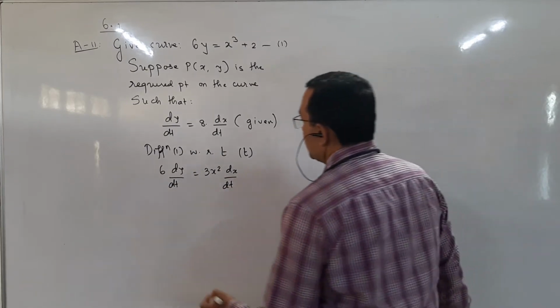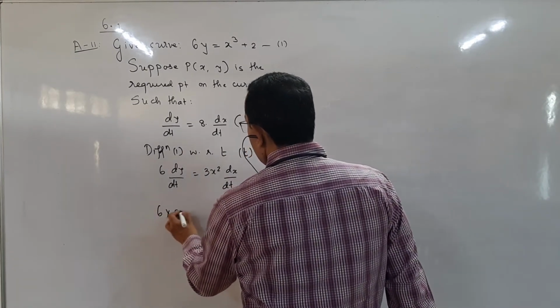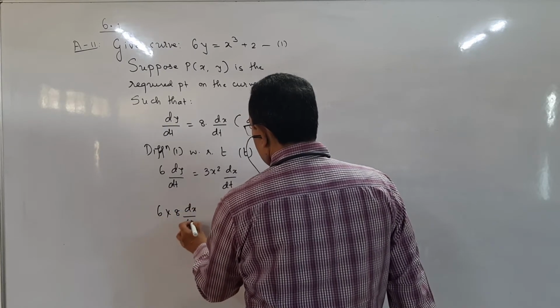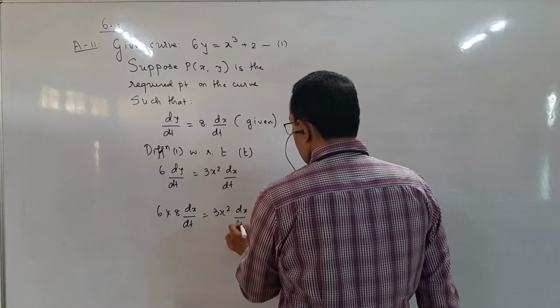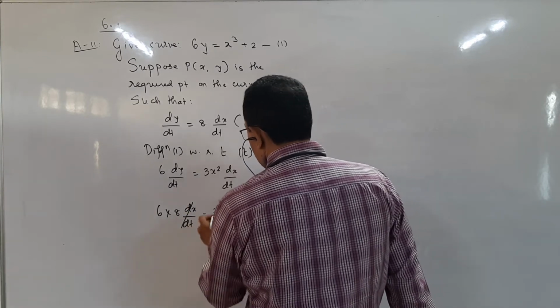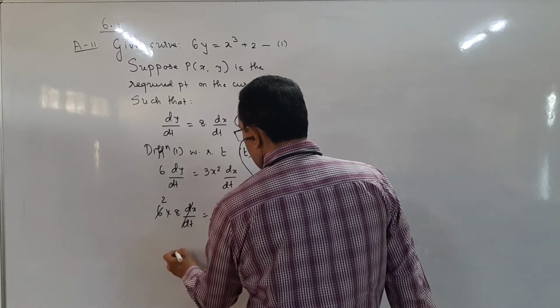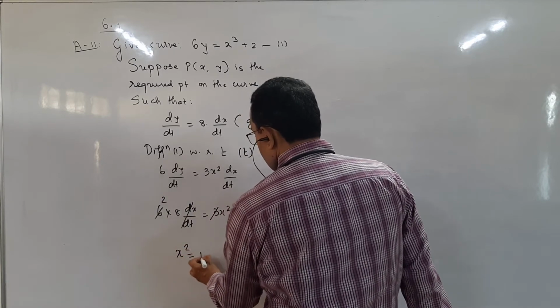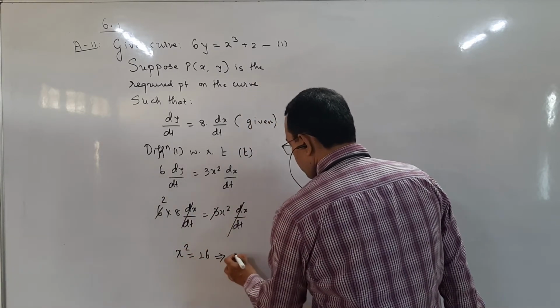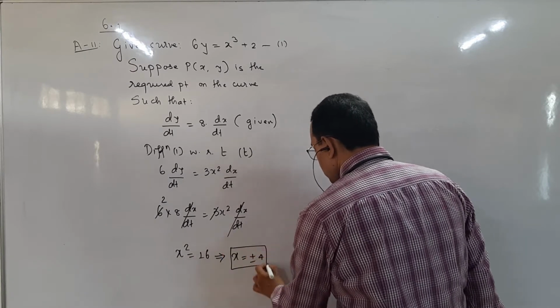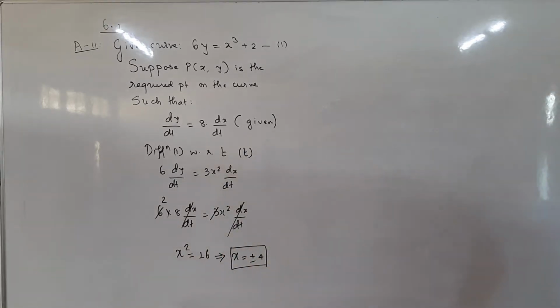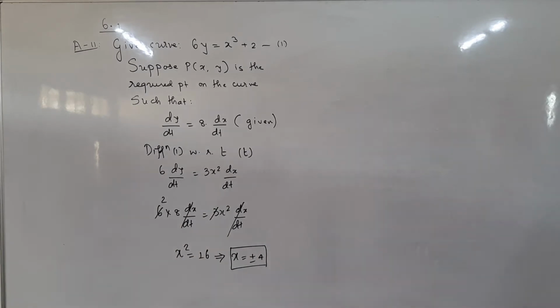According to the given condition, dy/dt is 8 times dx/dt. So 6 times 8 dx/dt equals 3x^2 dx/dt, and dx/dt gets cancelled. 3 ones are 3, 2 eights are 16. So x^2 is 16, which implies the x coordinate is plus or minus 4.